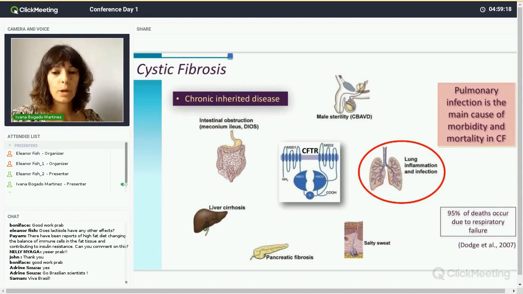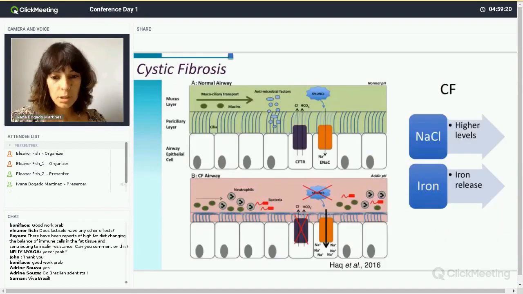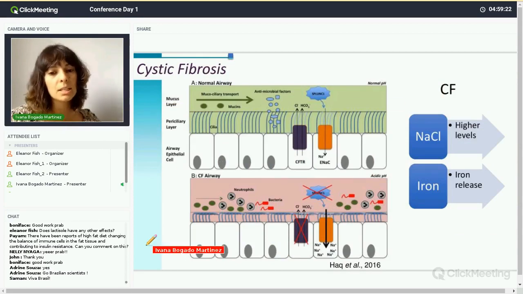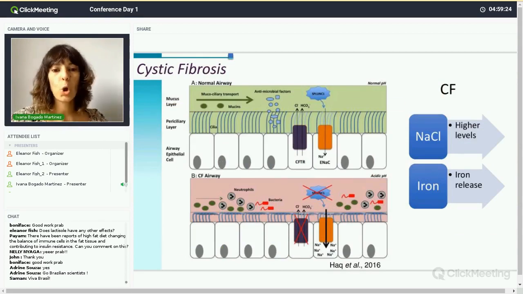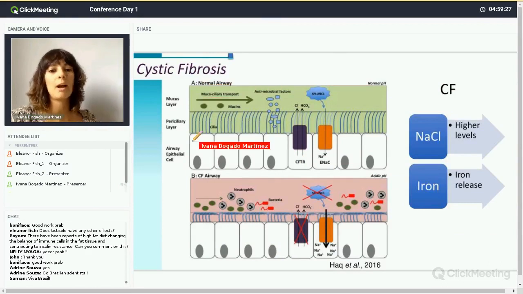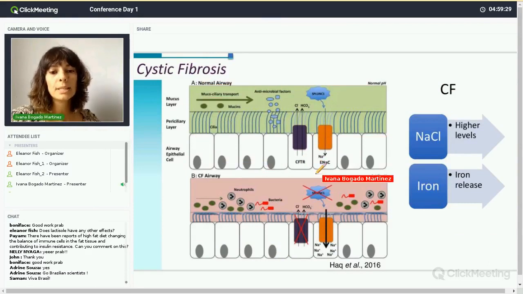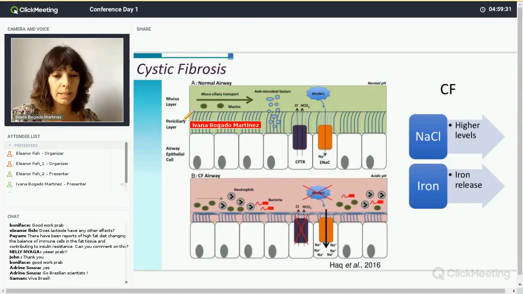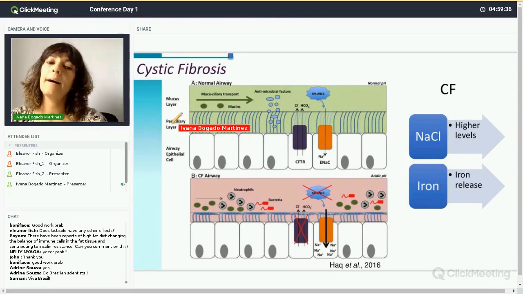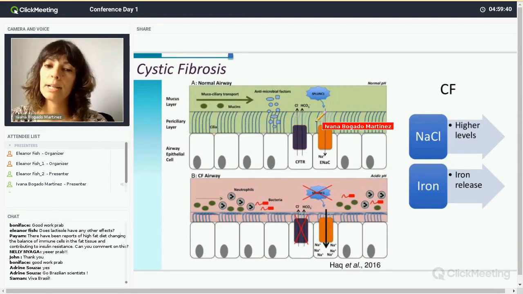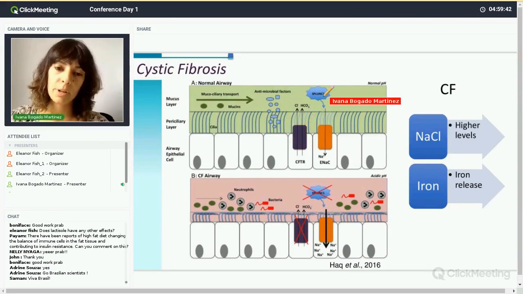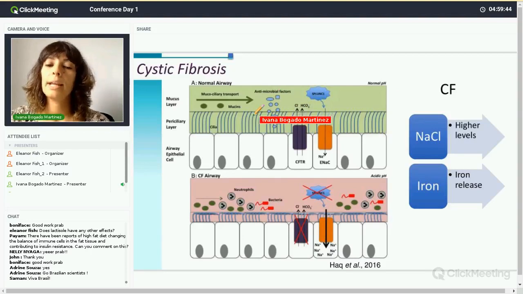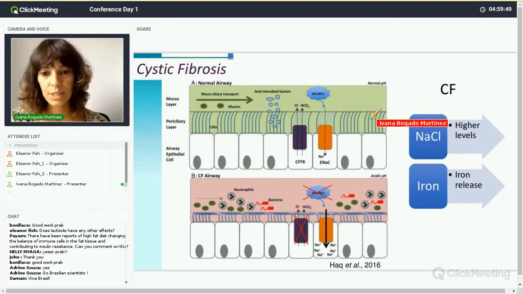And now we are going into the lungs of this patient. In the top chart, we can see a healthy lung. In this case, we can note that the periciliary layer keeps the correct movement of the cilia, and if any pathogen arrives here, it is removed by the correct action of the cilia.